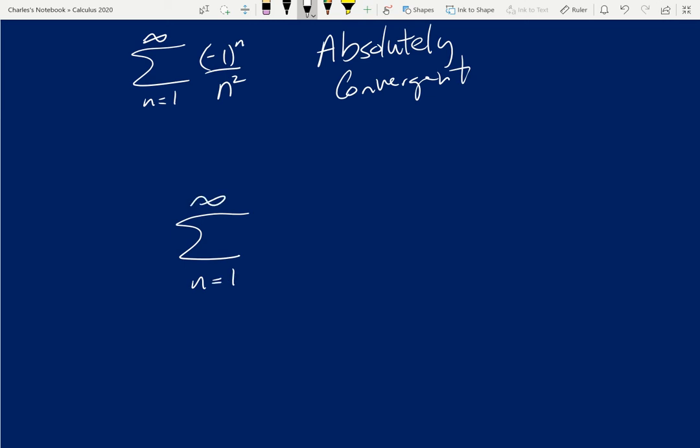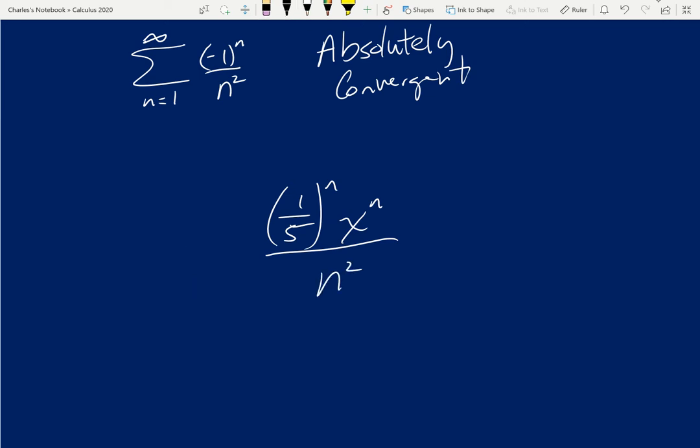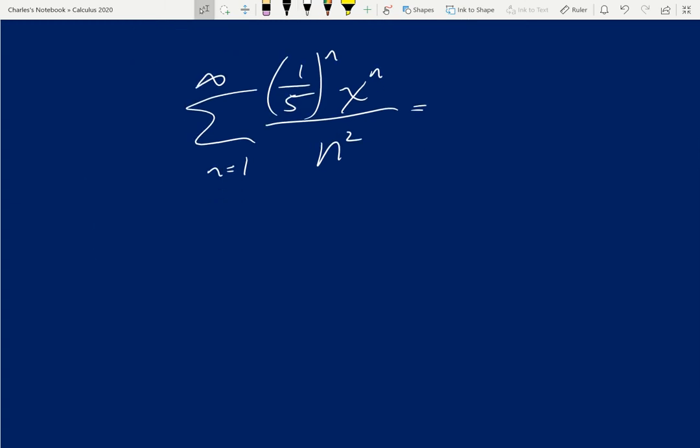Now, let's look at another type of example where this may play out a little bit. Let's say I have the sum from n equals 1 to infinity of 1 over 5 to the n, x to the n divided by n squared. And I'm going to say this will converge.